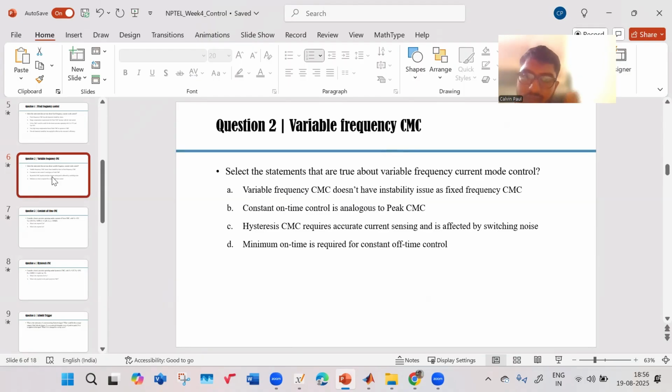Okay, good. Next. B is false, because constant on-time control is analogous to valley current mode. Great. Next. C is also true. And D? D is also true.